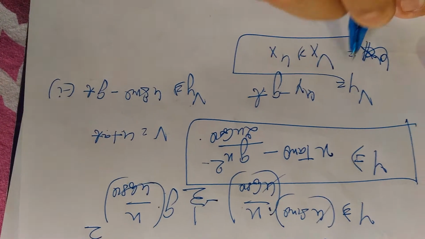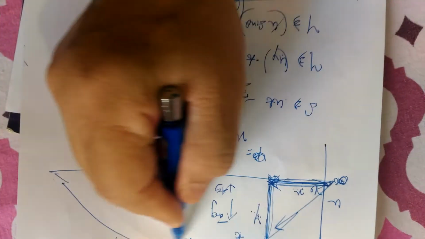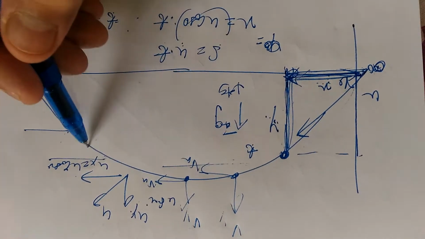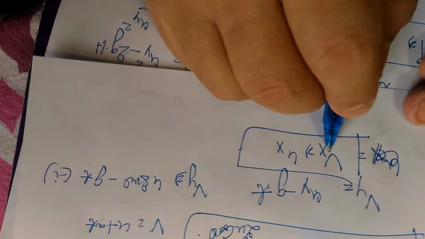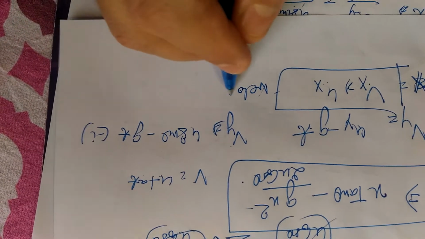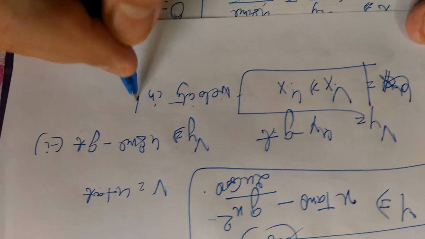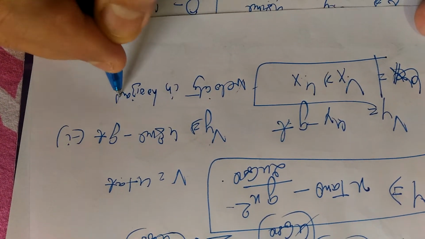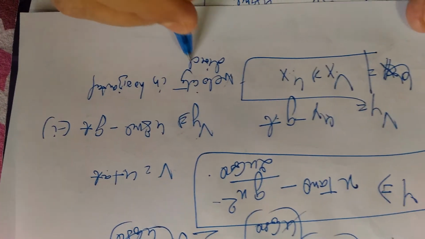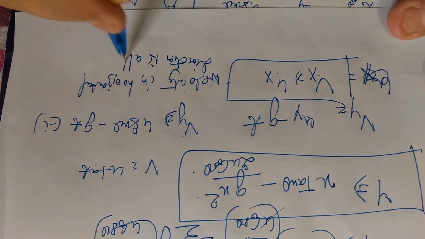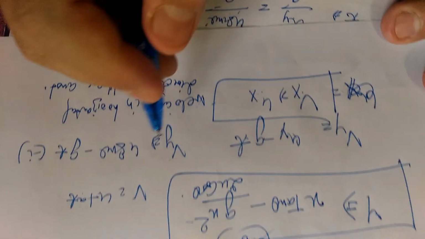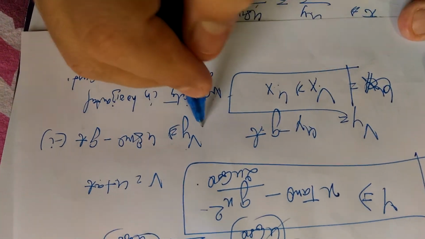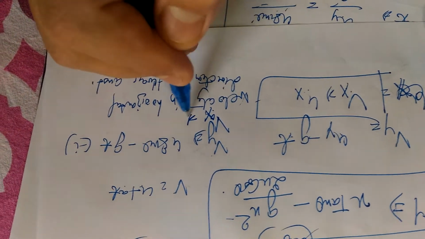So remember that in the horizontal direction, anywhere on the trajectory, the velocity is constant, that is vx is equal to ux. The velocity in the horizontal direction is always constant. Remember this. So you know vy, and vx is nothing but ux.